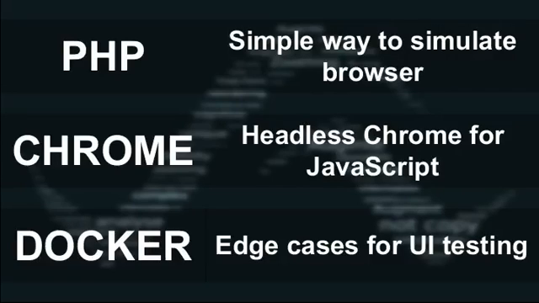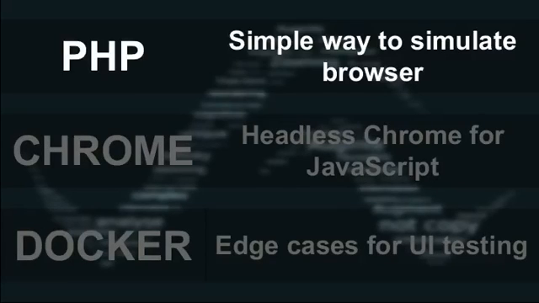Another way to simulate a browser will be Chrome Headless, the headless Chrome version, and it will be mostly related to JavaScript. And the last way will be UI testing, and usually it could be done via Docker.